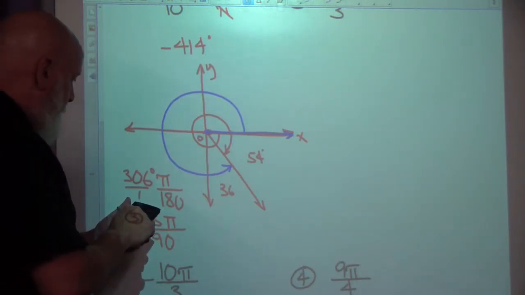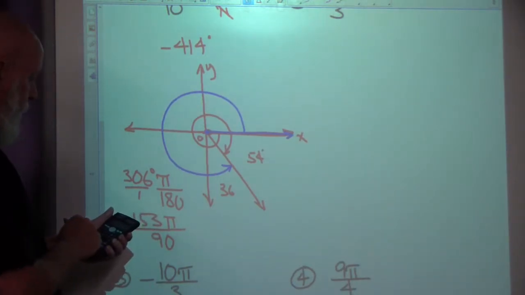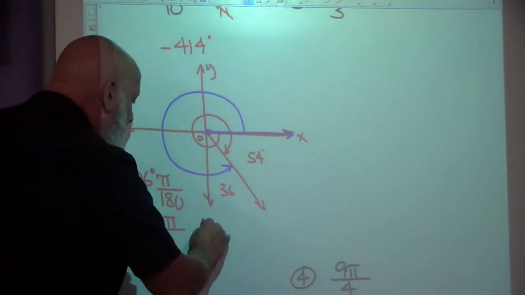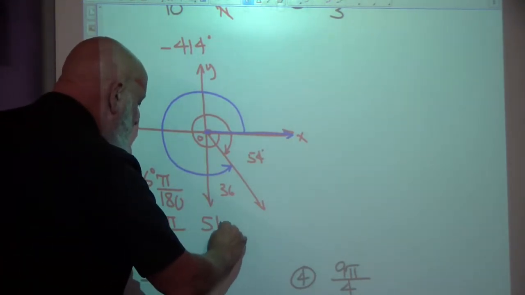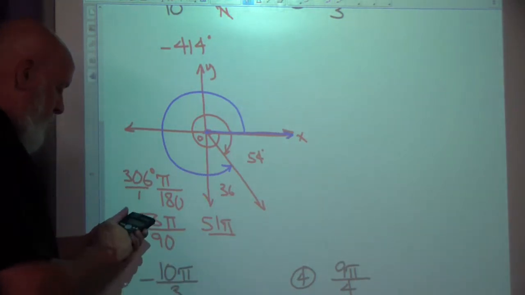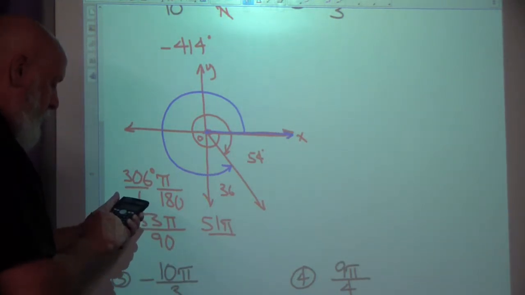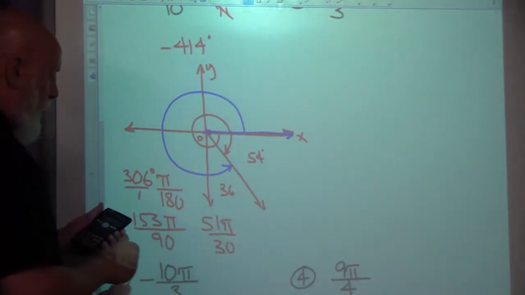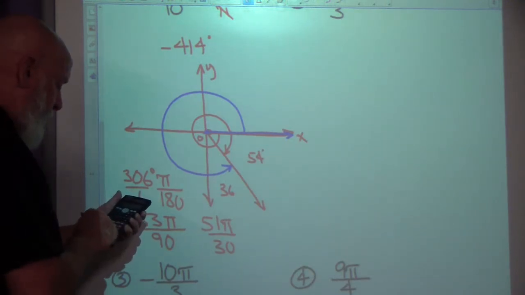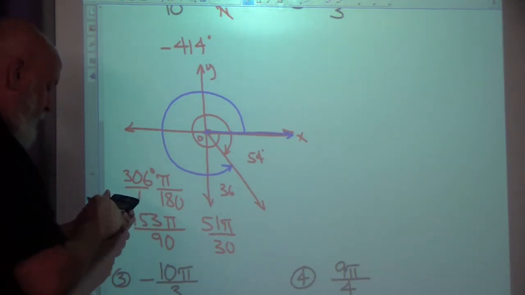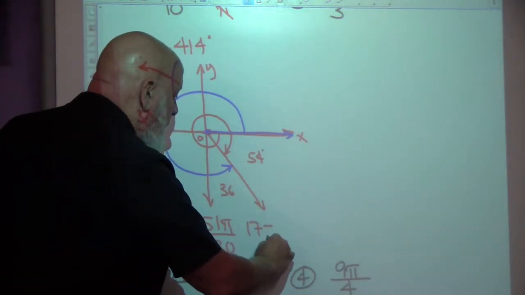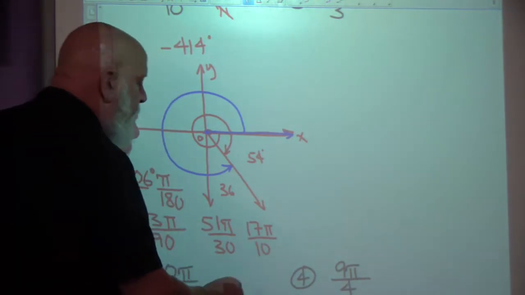And 153, I can divide both of those by 3. 51 pi over 30, I believe. And those will both divide by 3. 51 divided by 3 is 17 pi. Divide that by 3. 17 pi over 10.